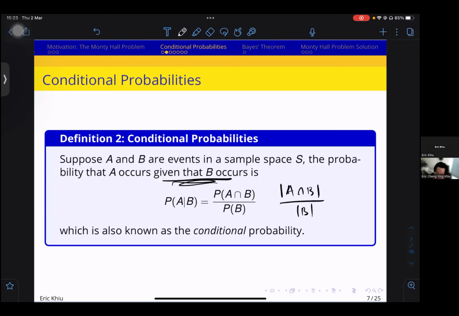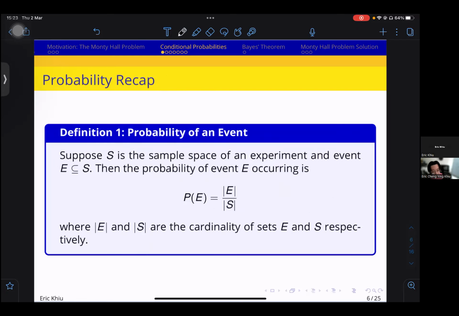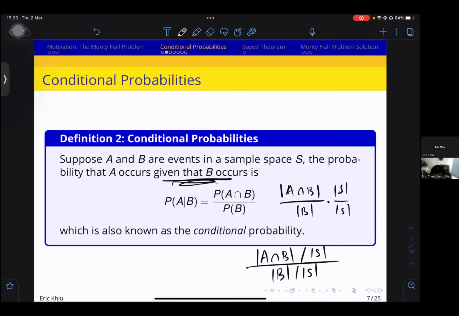Let me slightly modify this a little bit by multiplying both numerator and denominator by S. So we have A intersect B over S on top and B over S at the bottom. And by our definition of probability of an event, this is exactly the formula that we have. And this is how we look at this conditional probability intuitively. Okay, just the probability of A intersect B over probability of B.